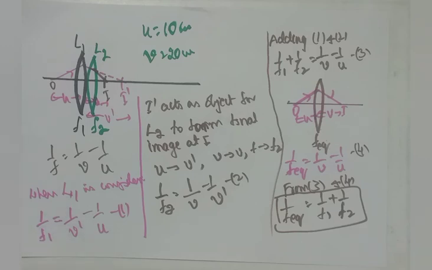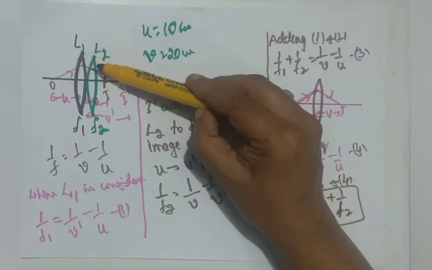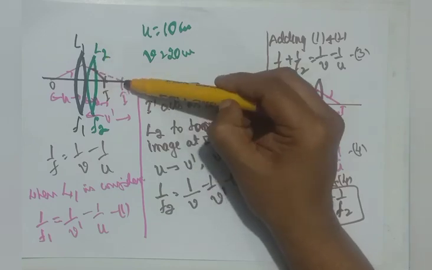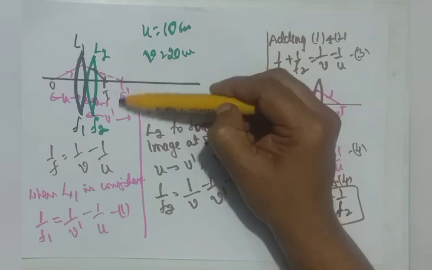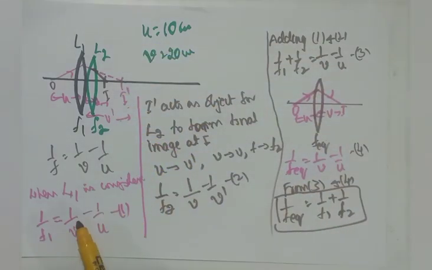To use this, first we consider only lens L1. That is, only one lens is there, which means at this point, once it bends at L1, as the second lens is not there, it simply travels to form the I dash image at V dash. Therefore, I can use the lens equation 1 by F1 equals 1 by V dash minus 1 by U, because V dash is the image distance.